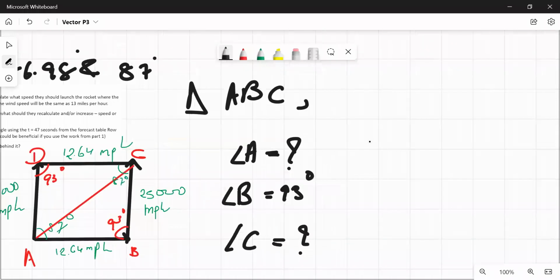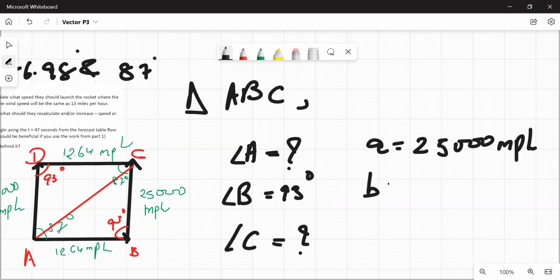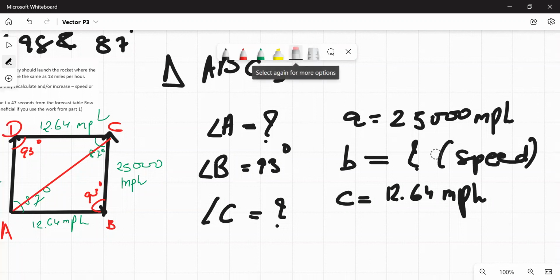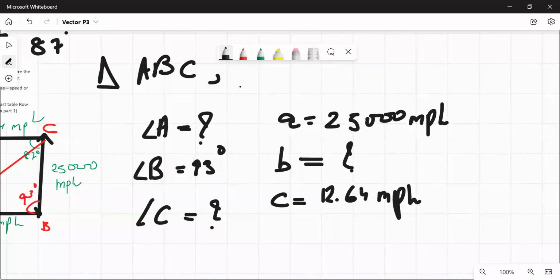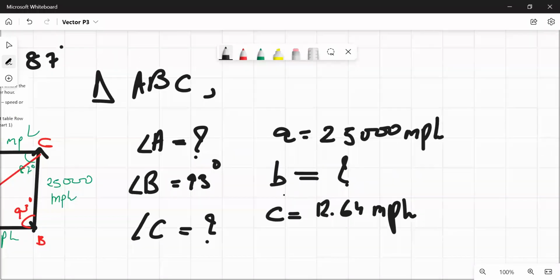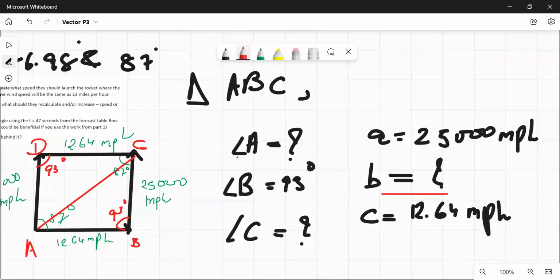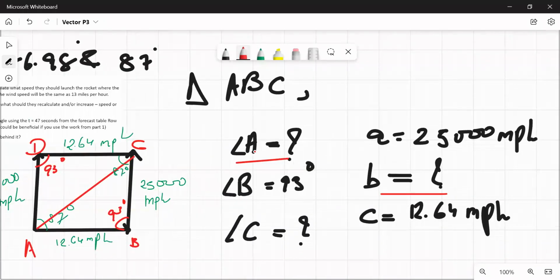We have side A equal to 25,000 miles per hour, and C, which is 12.64 miles per hour. We don't have B, and that's the resultant speed in our case. So what we are trying to find first is B, which is the resultant speed, and the resultant angle from the ground, which is angle A.